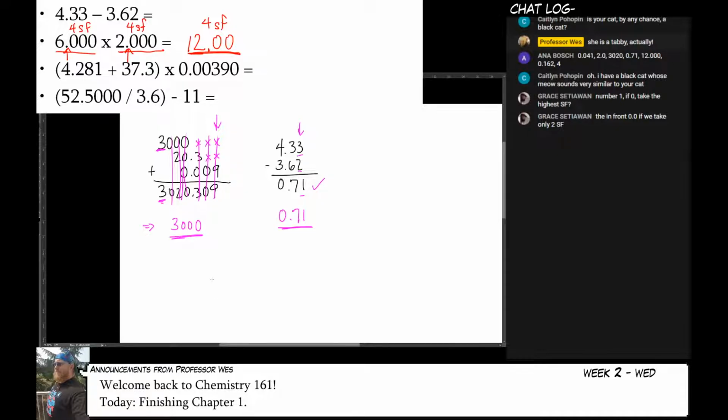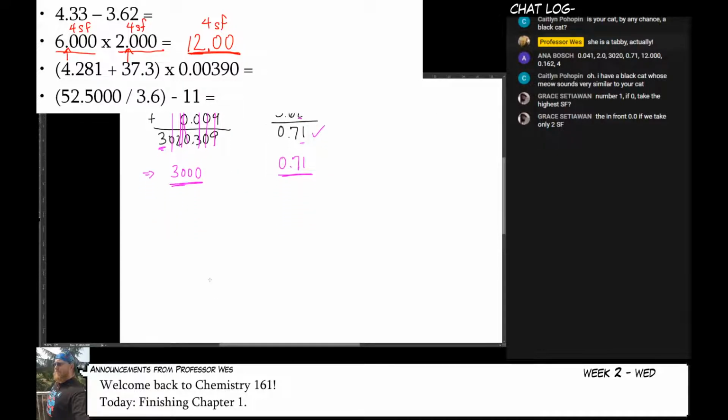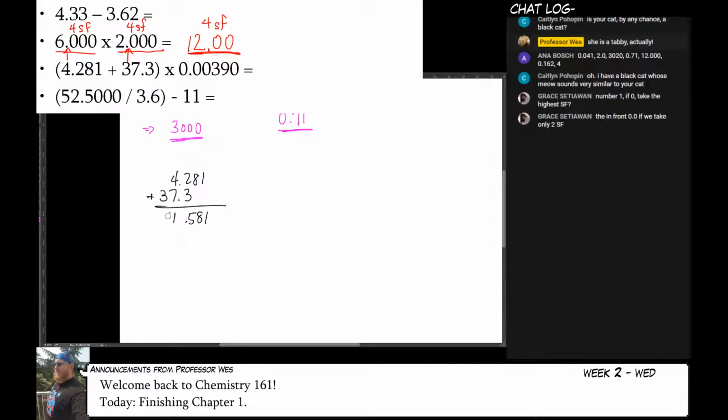All right, let's do these last combined problems here. So this first one, I need to actually do the addition first, because that's what's in the parentheses. So we'll set that up. Oops, not like that, we won't. That's not how we add.